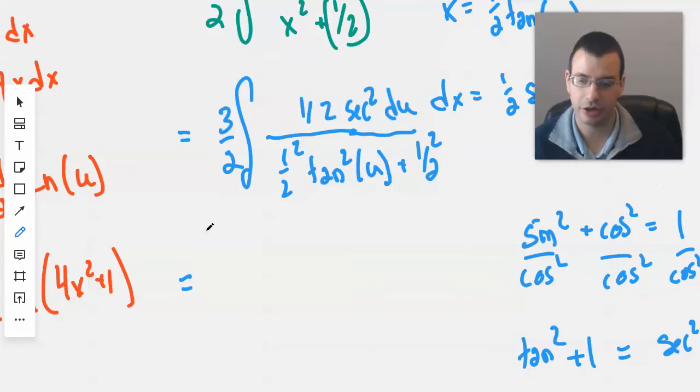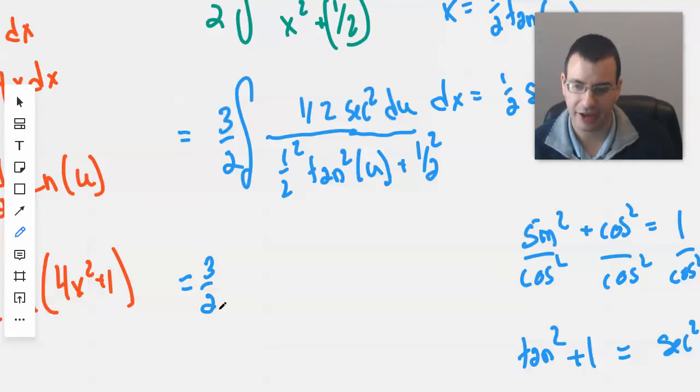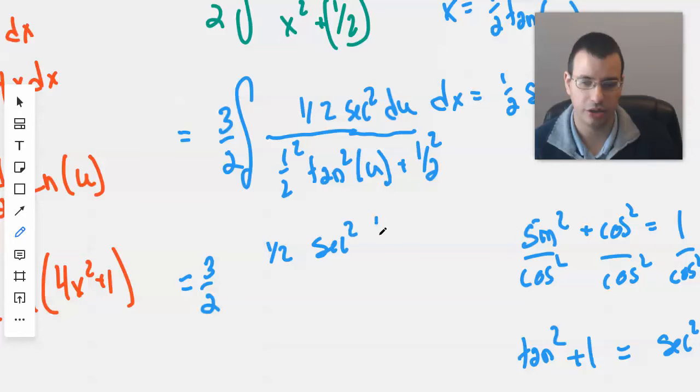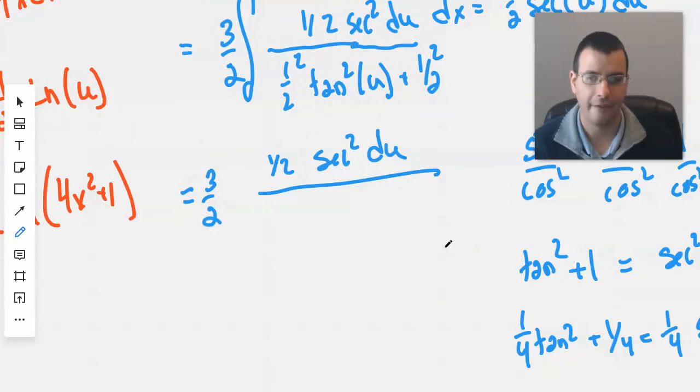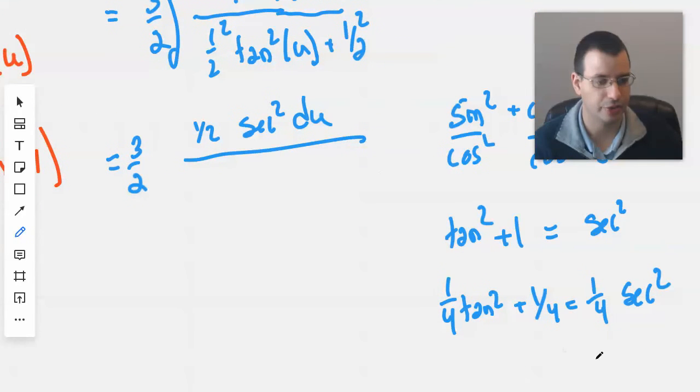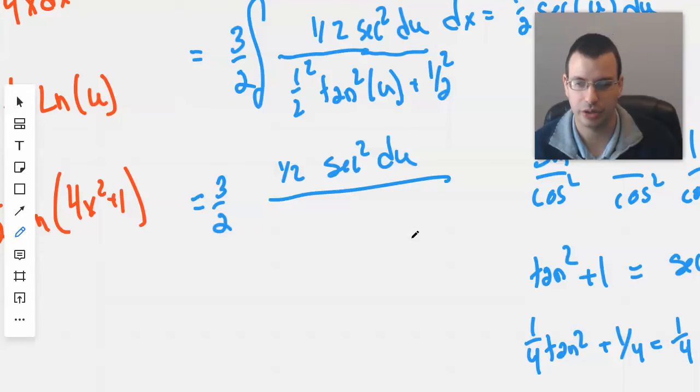So we'll come over here. We still have a 3/2. We have a 1/2 on top. We have a secant squared du. Ooh, this is getting kind of long. And we have the 1/4 tangent squared right there, plus 1/4 right there. And we know that equals 1/4 secant squared.